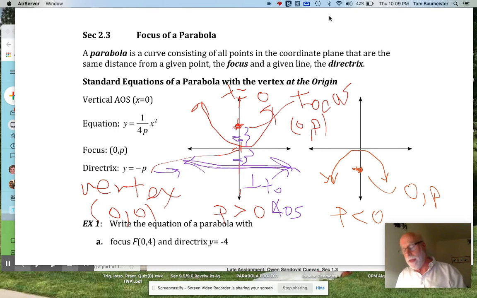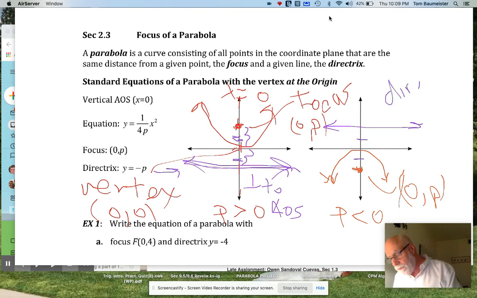It doesn't matter that it's negative there. It's still going to be called (0, p). And now our directrix in this case will still be the same distance, so it'll be up here somewhere. It doesn't always have to be across the x-axis. But in this one here, again, our directrix will still be y equals negative p.